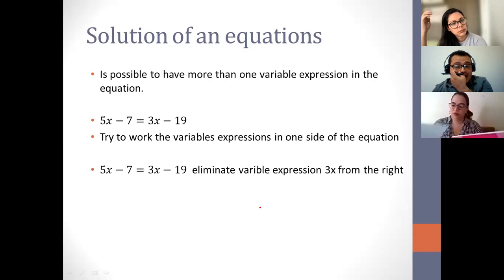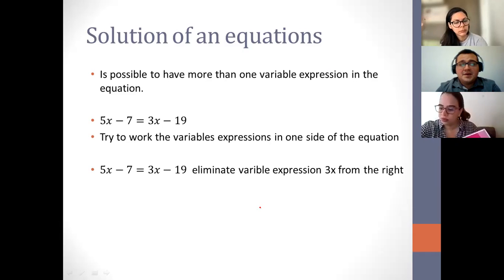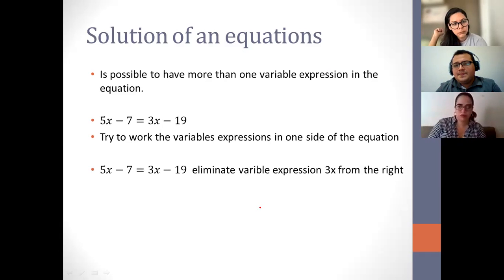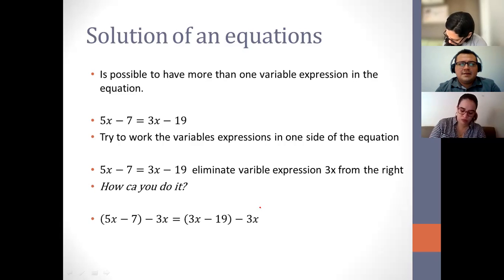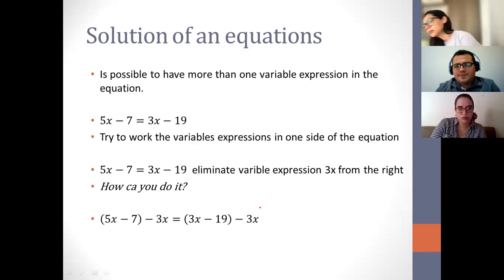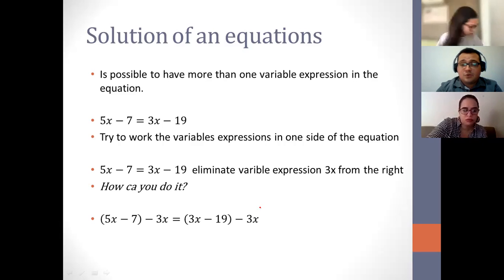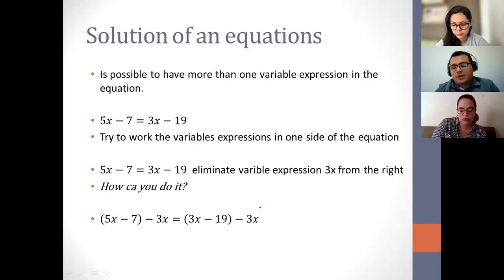So the main idea is that, for example, here, we want to eliminate the expression. And if you remember in the properties, you can subtract both sides by the same or add both sides by the same. At the end, you decide how to do it. In this case, I'm going to subtract both sides by the same in order to eliminate the 3x on the right side, in order to eliminate those like terms, but it will affect the left side too.